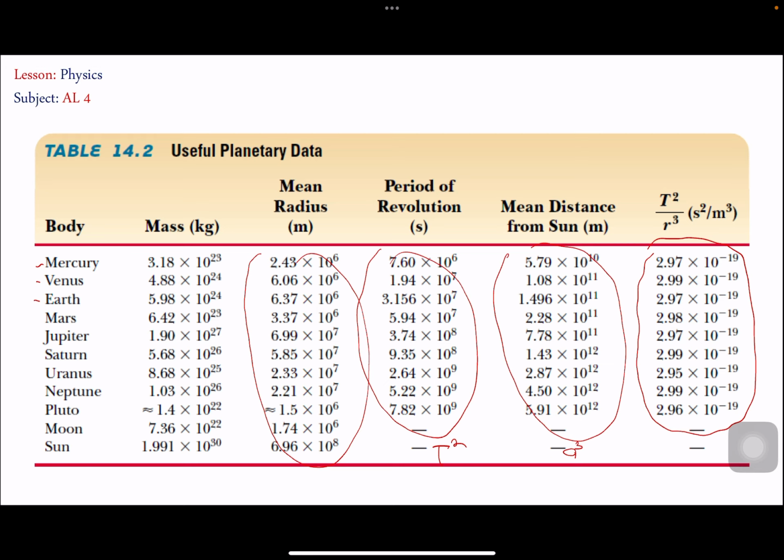So you see here that's 2.97 times 10 to the power of minus 19. See? Okay, so that was the data. Then I want you to copy this table into your exercise book also.